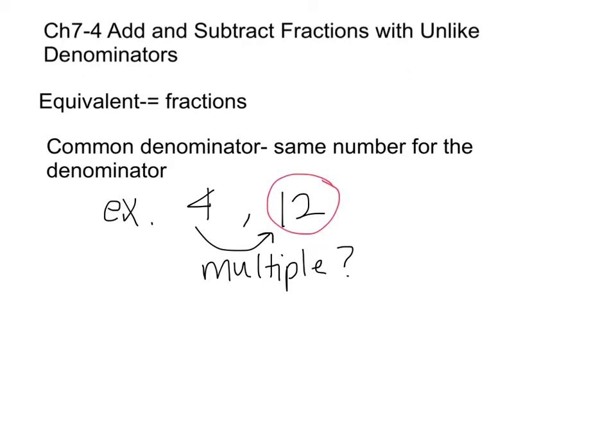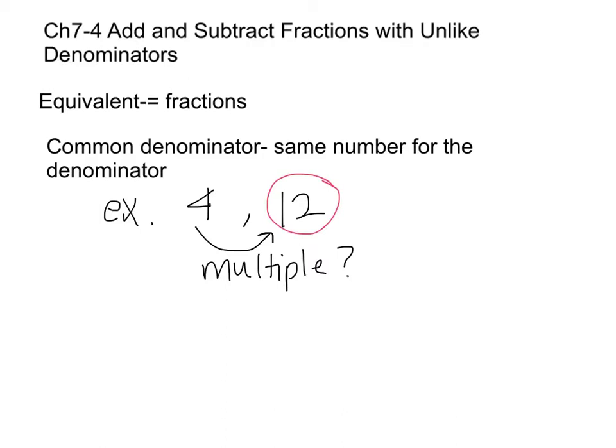Because you can't make 4 into something smaller, but you can make it into something bigger, which is the multiple, which is 12. So you'd be multiplying by 3 to get to 12 and changing the 4 to the 12 instead of changing the 12 to something else, okay?